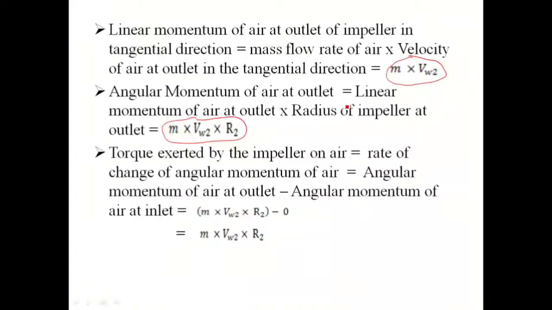The torque exerted by the impeller becomes the rate of change of angular momentum, angular momentum of air at outlet minus angular momentum of air at inlet. So m Vw2 into r2. Angular momentum of air at inlet is 0. Therefore, torque is m into Vw2 into r2.